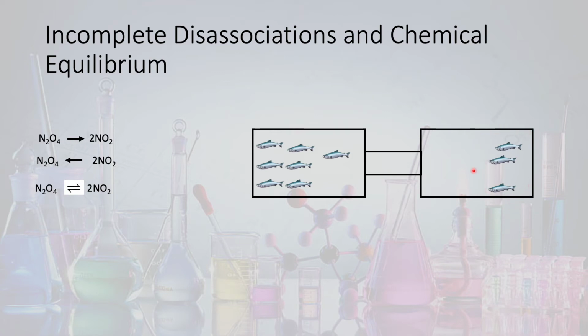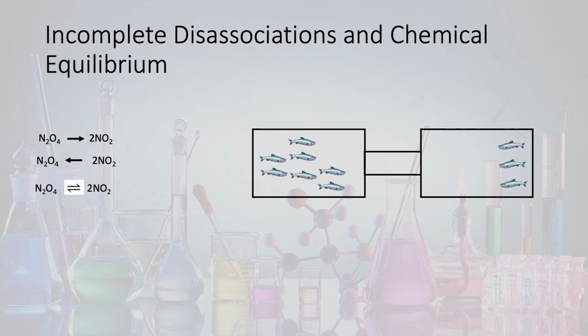Now we have our limited number of products and a larger number of reactants. Once this has occurred, the chemical reaction again will occur in equal exchange forward and backwards. So as the reaction proceeds forward, the reaction simultaneously moves backwards.